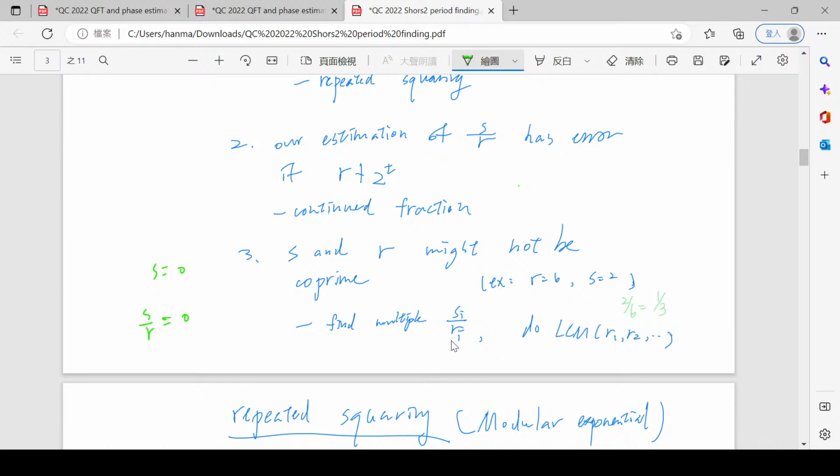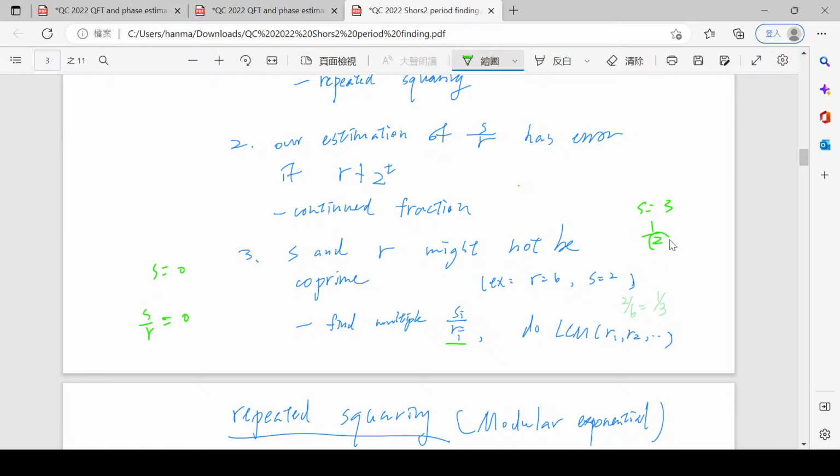Then you just take the LCM, the least common multiple, on all the R you get. So let's say the first time you draw x equal to 2 here, then maybe next time you draw x equal to 3, and then you get 1 over 2.